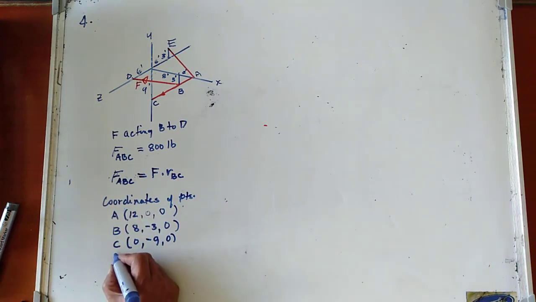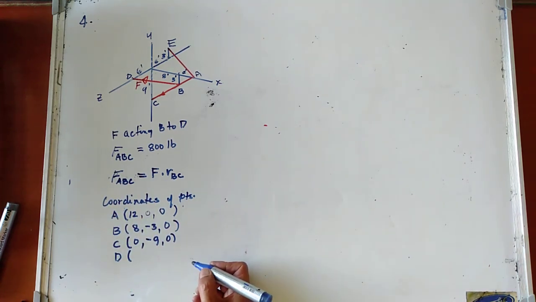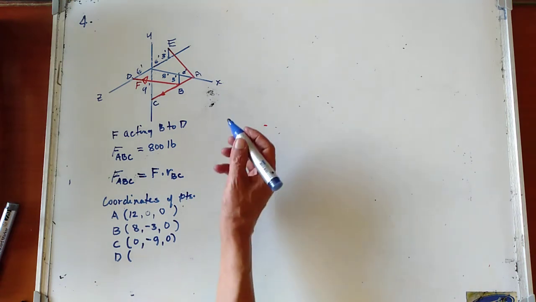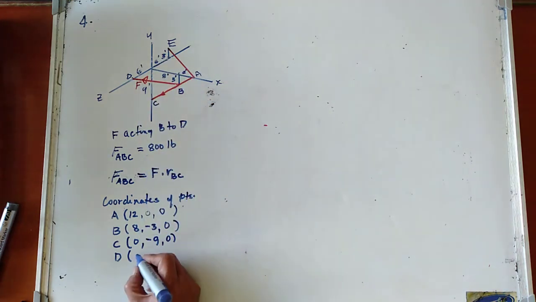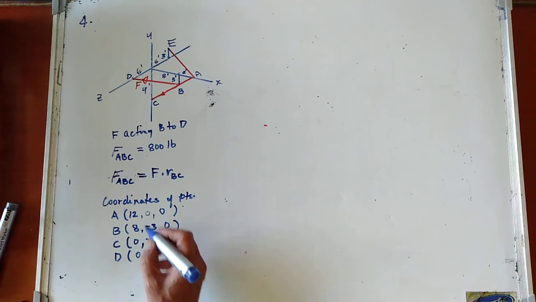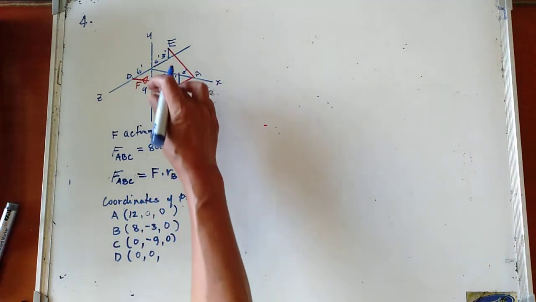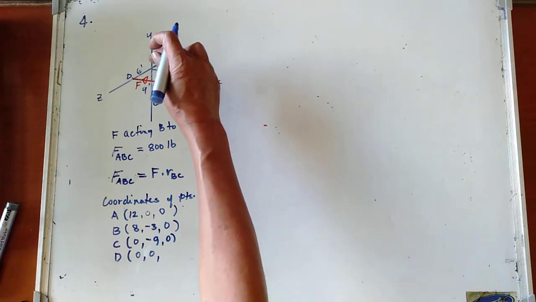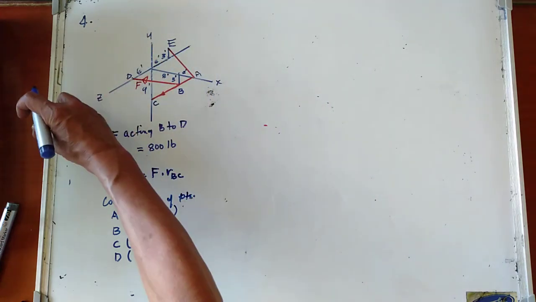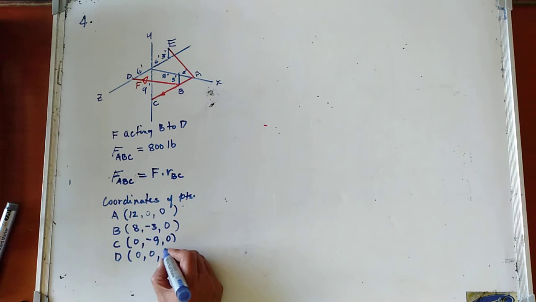So we now have the coordinates of point D: x is 0, y is also equal to 0, and z is positive 6, so it's going forward.